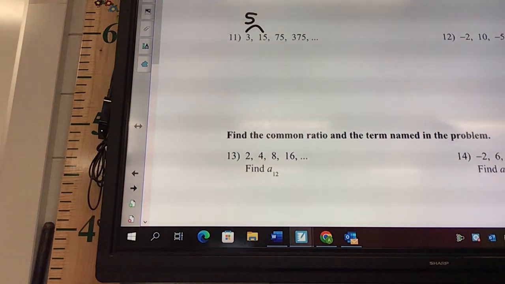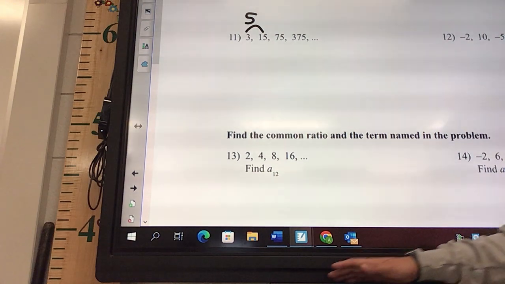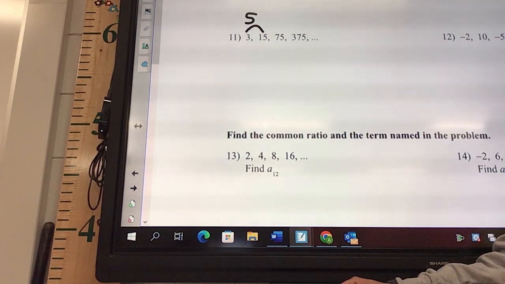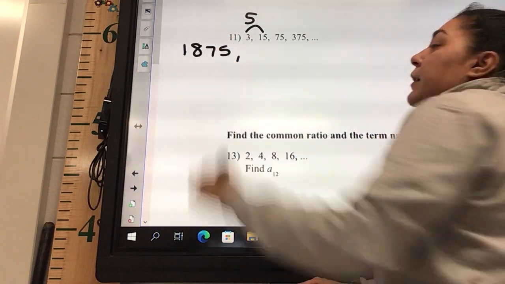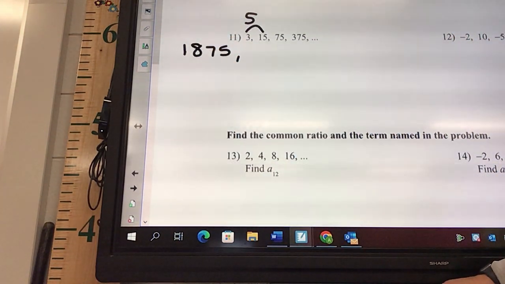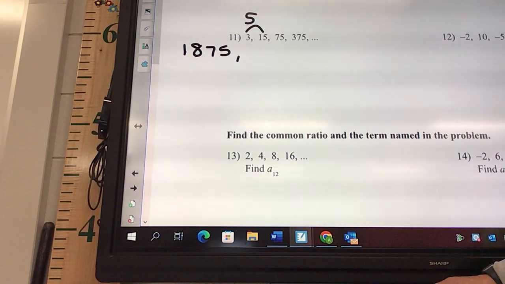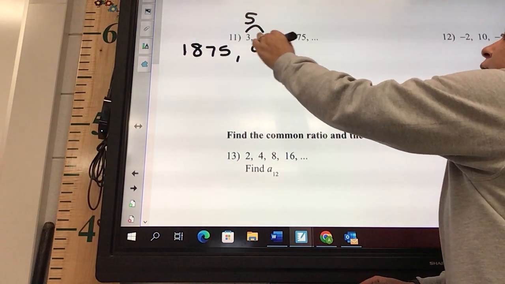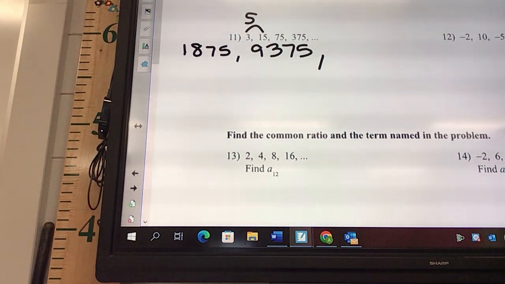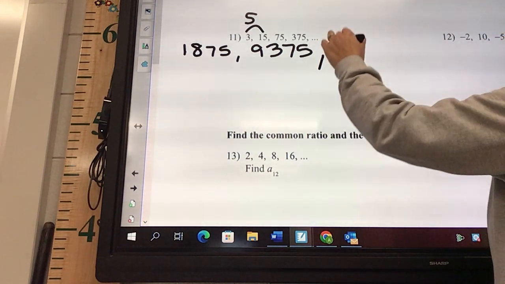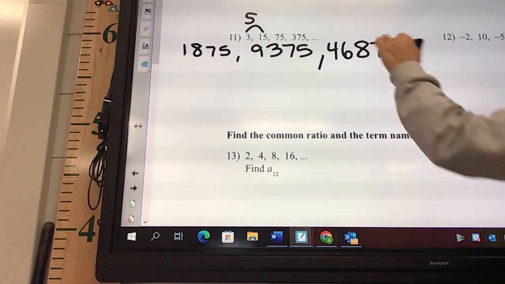Okay, so 375 times 5. 1875. Times 5. 9375. 46875.